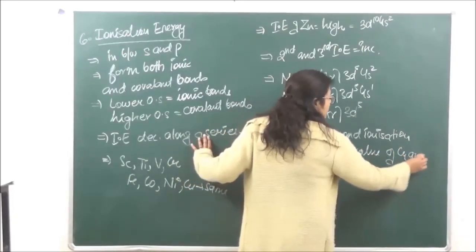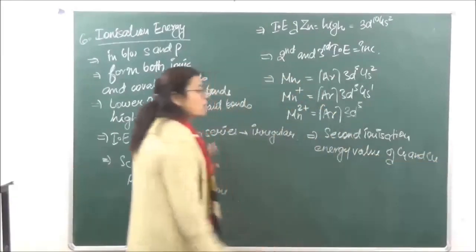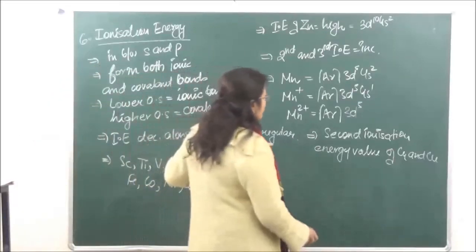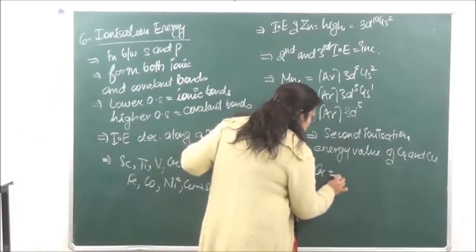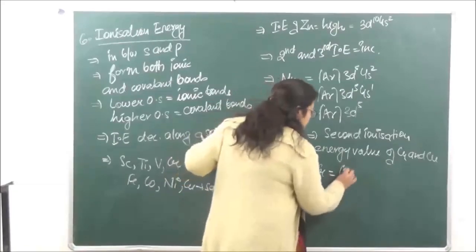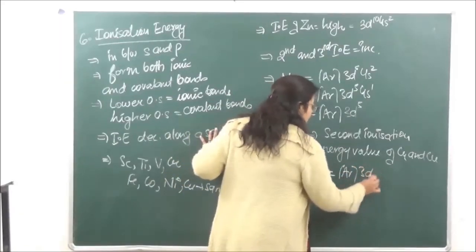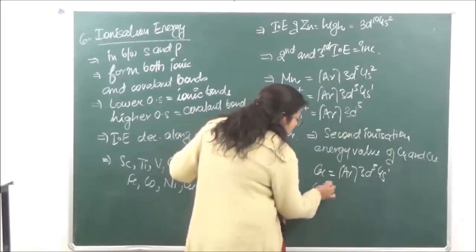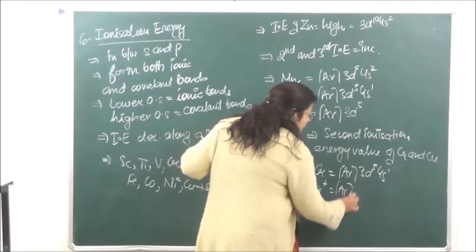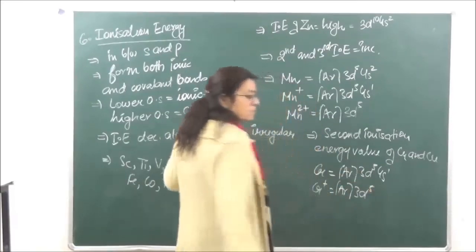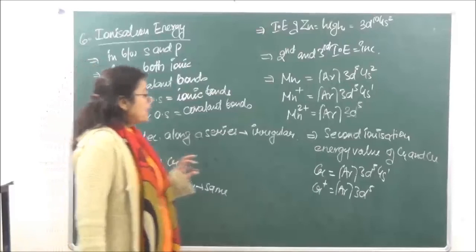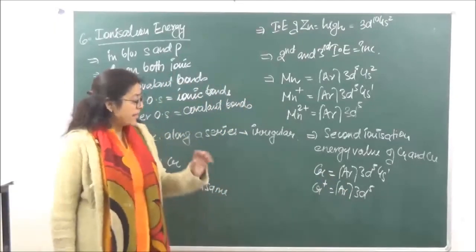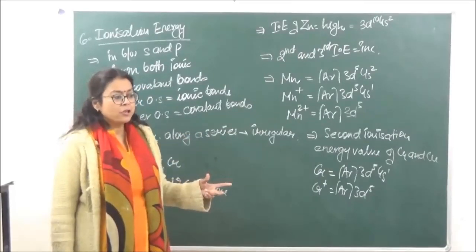Then we go on to the second ionization energy values of chromium and copper. Chromium and copper both have high values of second ionization energy, again attributed to their electronic configurations. The electronic configuration of chromium is argon 3d5 4s1. When we form Cr positive, we get argon 3d5. So now the next electron has to be removed from a stable electronic configuration.